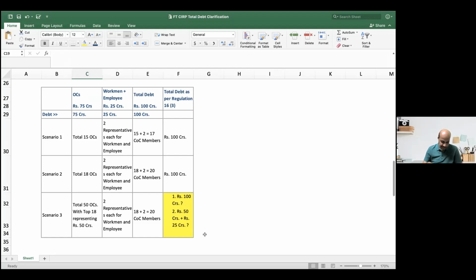And just to add another point, I'm going back to the regulation on filing by IRP. First, the constitution of the COC needs to be filed with the adjudicating authority in 21 days. Second, the IRP needs to confirm whether fast track CIRP is applicable or not. And third, the adjudicating authority passes an order converting the fast track to a normal CIRP.